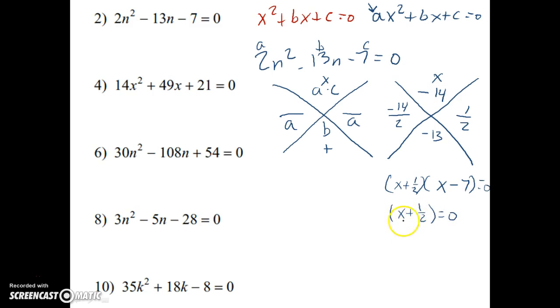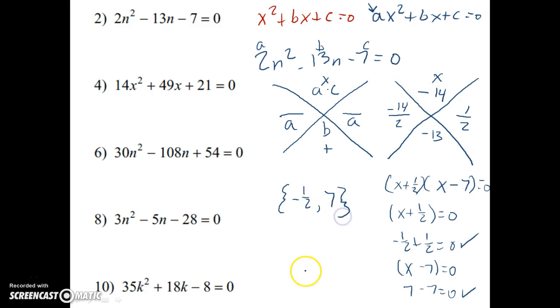What makes x plus 1/2 zero? Negative 1/2 plus 1/2 is 0. So I know that negative 1/2 works. Then I can set x minus 7 equal to 0, and 7 is the value that makes this true. So now I know when I have my solution set that it's going to be smallest number first, which is negative 1/2, then 7, and I'm done.